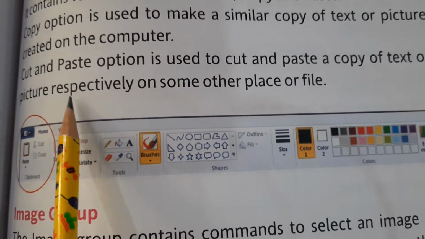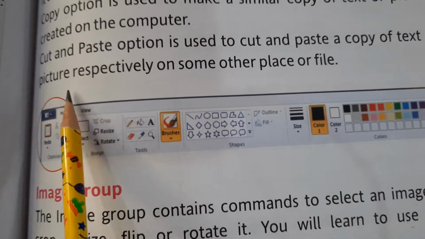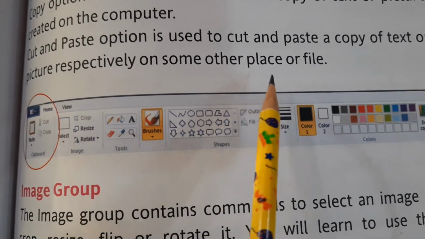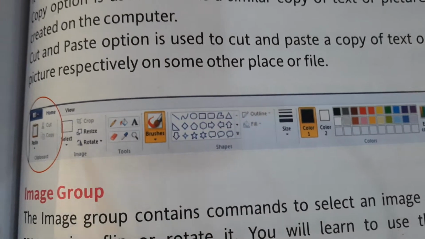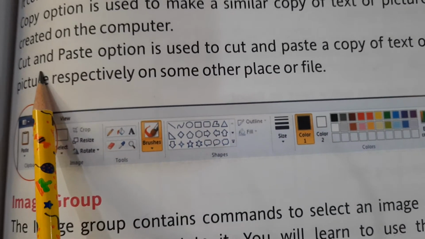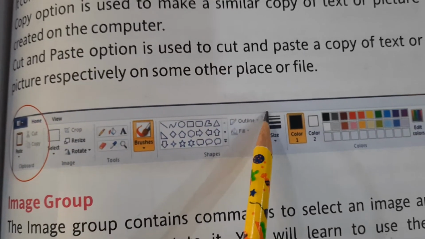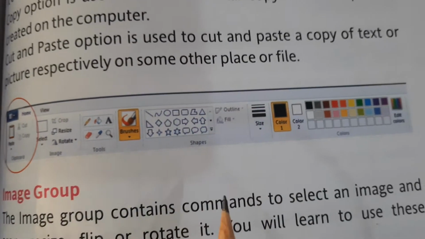Fine. Cut and paste option is used to cut and paste a copy of text or picture respectively on some other place or file. Means here we will make just a copy, but here we will cut from somewhere and then paste it, or we can use it somewhere else.